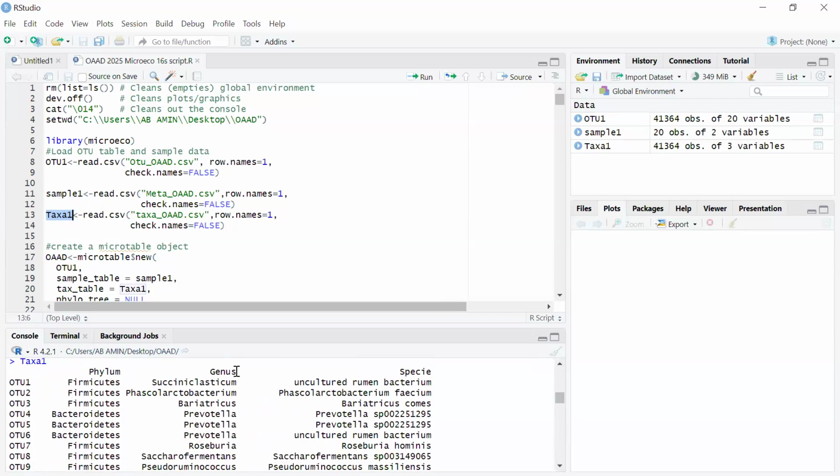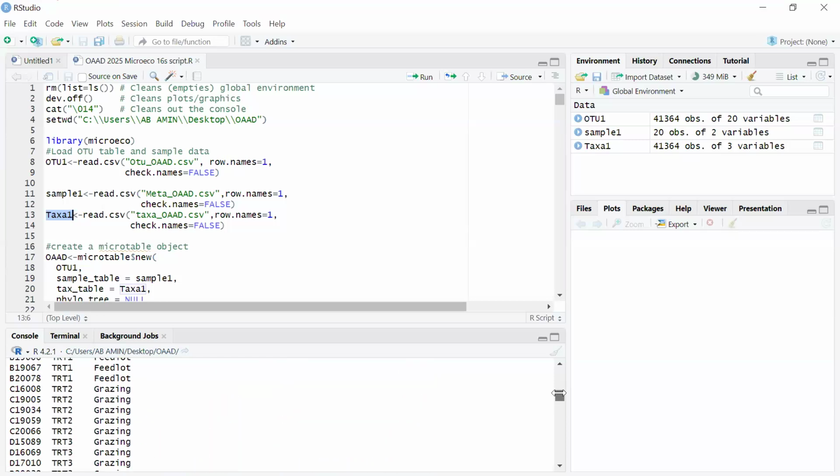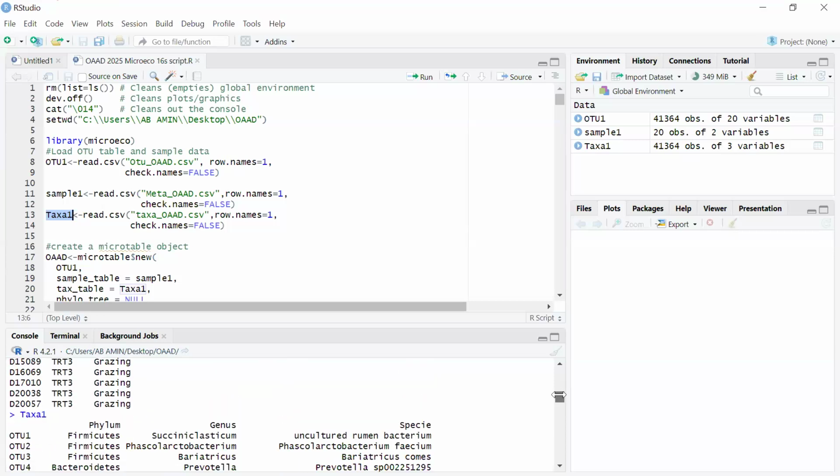Although the taxa is much more than this, you have the family, the order, the kingdom, although all of them are from the same bacterial kingdom. However you are using it, it's the same procedure.